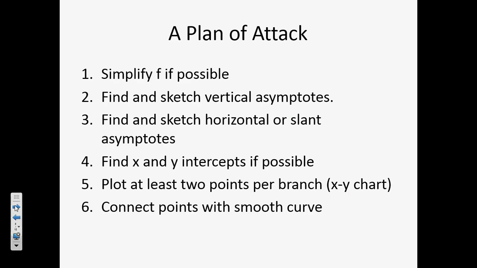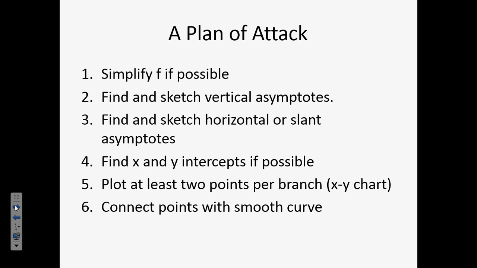So, plan of attack. First, you want to simplify f if possible. Factor the numerator, factor the denominator, see if there's anything in common. If so, cancel. Then you're going to sketch your vertical and your horizontal asymptotes, or your slant asymptote, as the case may be. Then you'll find the x and the y intercepts if that's possible.